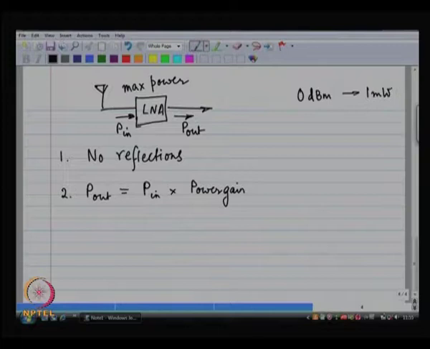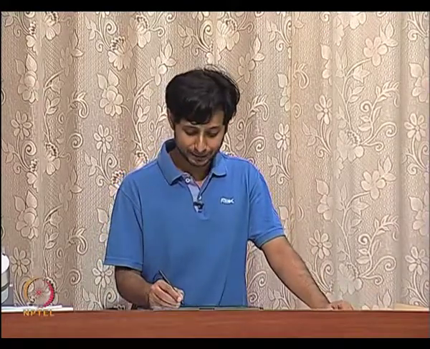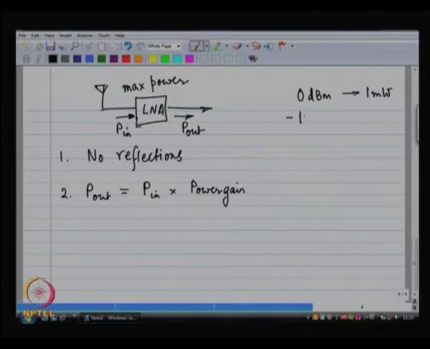If I want to make a receiver for a cell phone, when you are furthest from the base station, let us say I am talking about GSM or something like that, then typical numbers could be as low as minus 100 dBm. So, a GSM phone has a sensitivity of minus 100 dBm, which is 10 power minus 10 milliwatts.